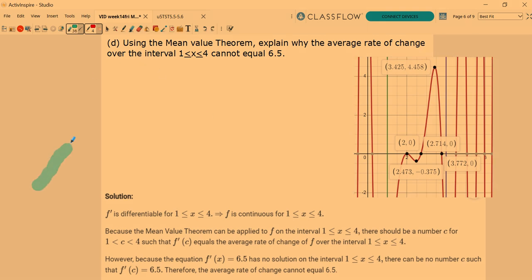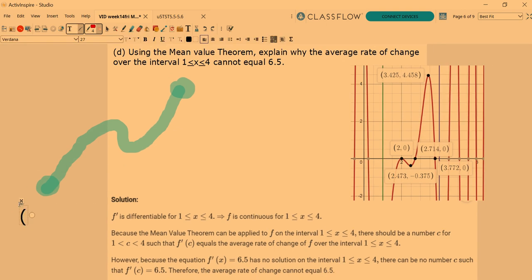Remember, the mean value theorem is basically this: let's say you have a function here and a point here and a point there. Now I'm going to make something up. Let's say this right here is (3, 4), and over here is (7, 15).